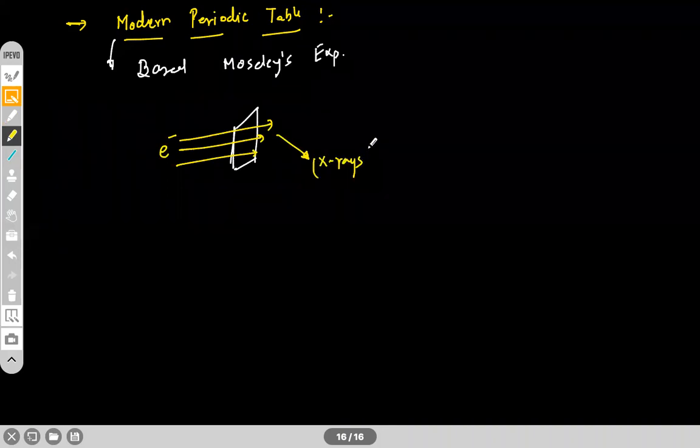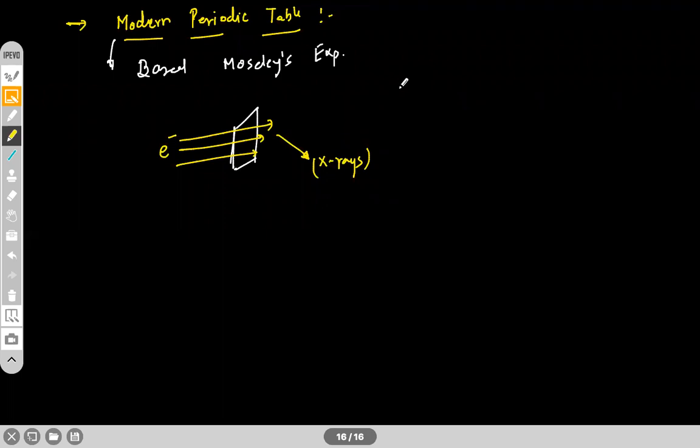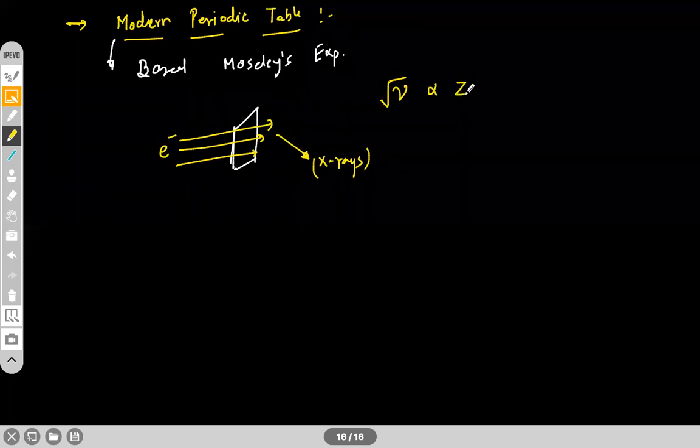What he observed is that the square root of the frequency of the emitted light is directly proportional to the atomic number of the metal we are using. He proposed that root nu equals a(Z minus b), where a and b are constants.